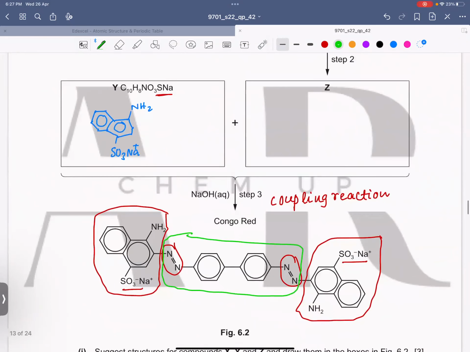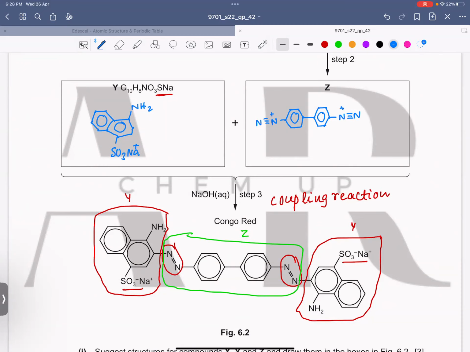So basically this would be your Z. But this is actually the residue from Z; the actual Z would be two benzene rings bonded to each other, and where there is a nitrogen double bond, there would be a nitrogen triple bond in a benzene diazonium salt having a positive charge.